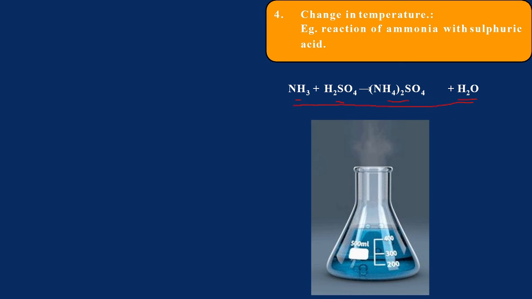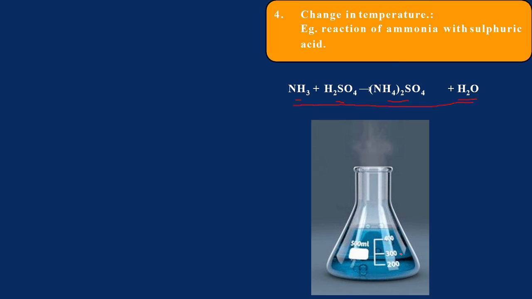There will be a change of temperature when you convert NH3 plus H2SO4. As you can see in this diagram, this is the mixture of NH3 gas plus H2SO4. Usually if you touch any liquid in a conical flask, it will be at room temperature and cold.